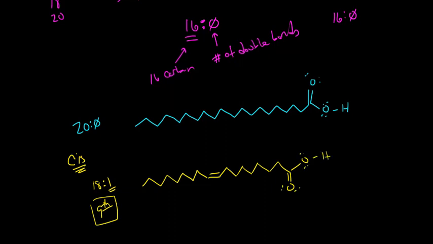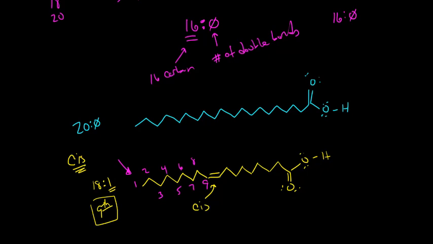Note here that I drew this in the cis conformation. That's important because it's a biological fatty acid. And it's positioned on the 9th carbon. We'll count it out here: 1, 2, 3, 4, 5, 6, 7, 8, 9. So it's positioned on the 9th carbon from this end.